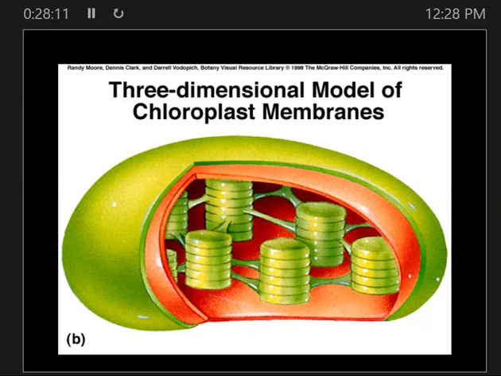So here you can see that there are actually two membranes that surround the internal components of the chloroplast. So there's an outer membrane, which this is green, we're putting it, then that orange thing, that's called the inner membrane. But then you also see this weird funky stuff in the middle.